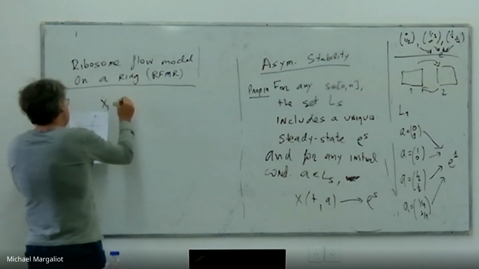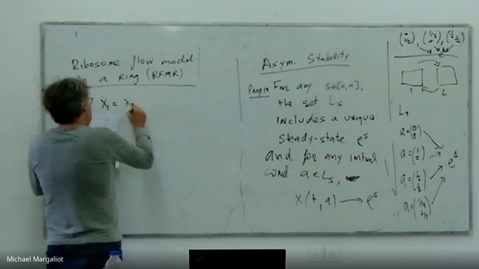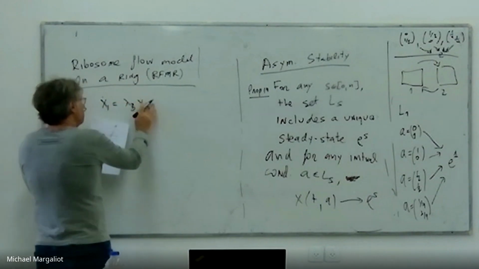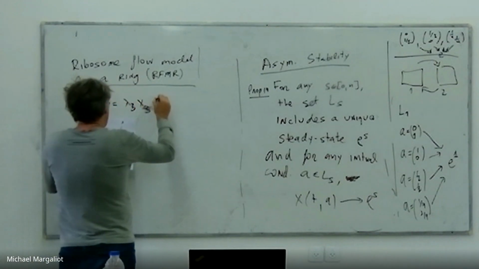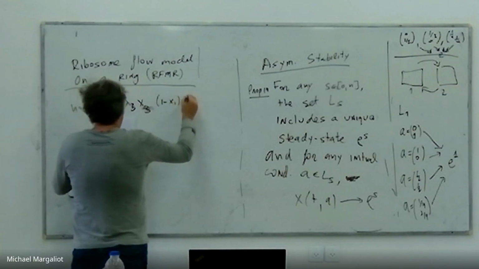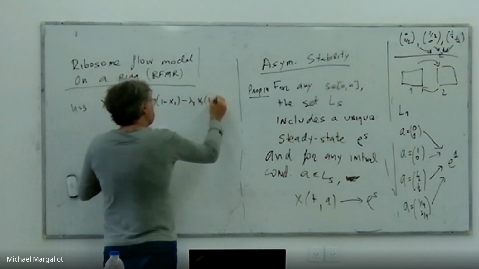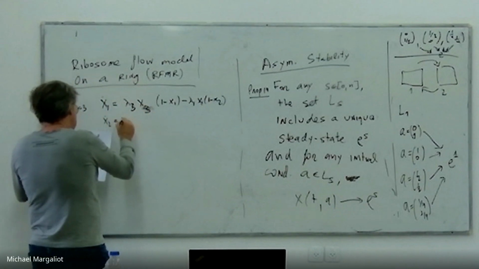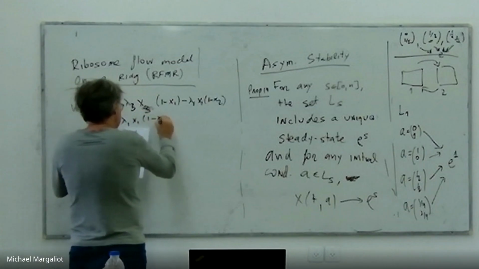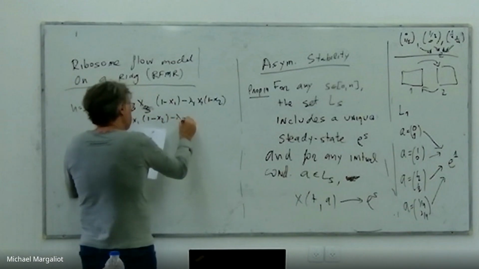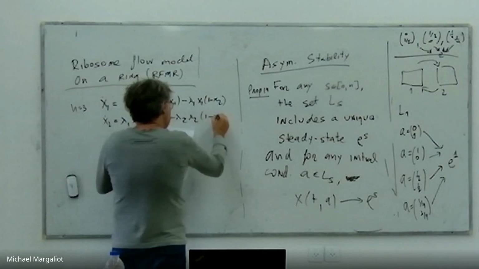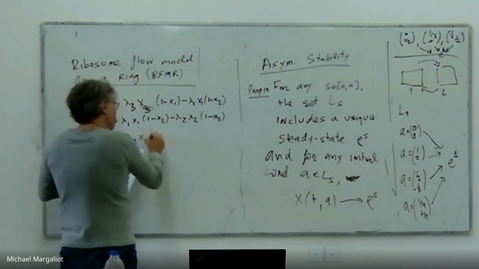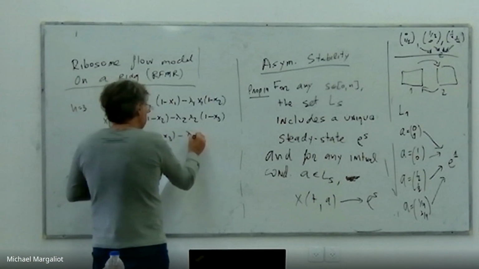For simplicity, let's take an RFM with n equal to 3, just to see on a concrete example what the equilibrium point equations look like. It's always easier for me to look at a specific example than to consider the n-dimensional general case.